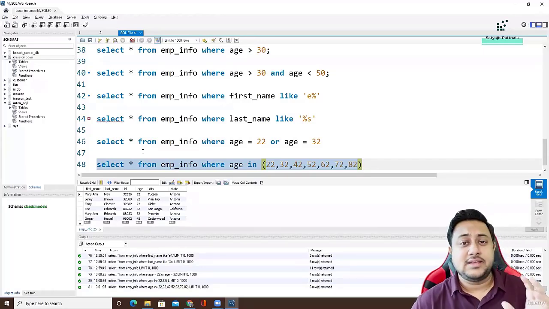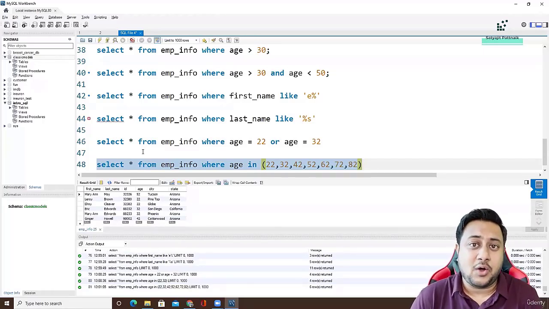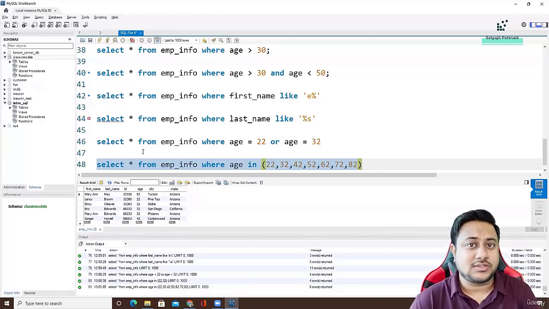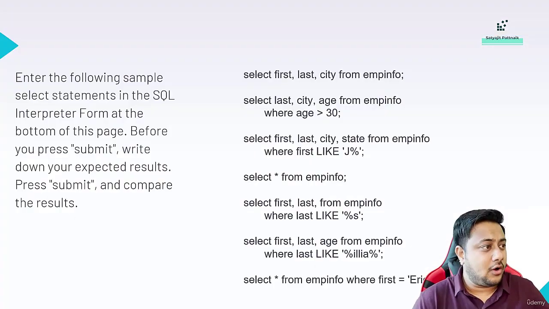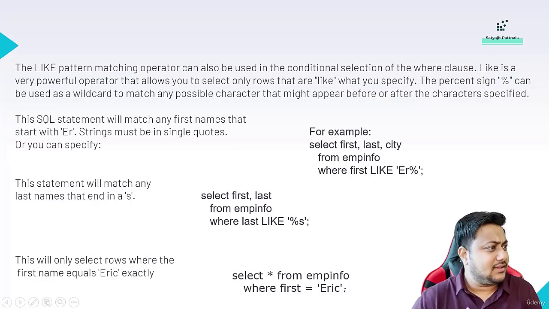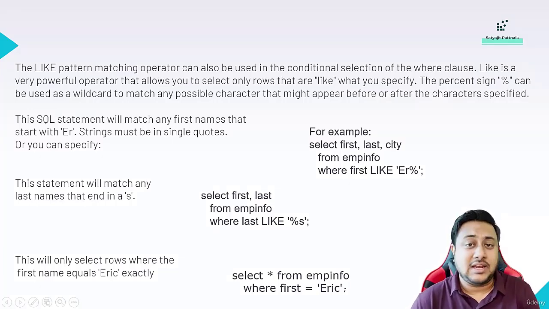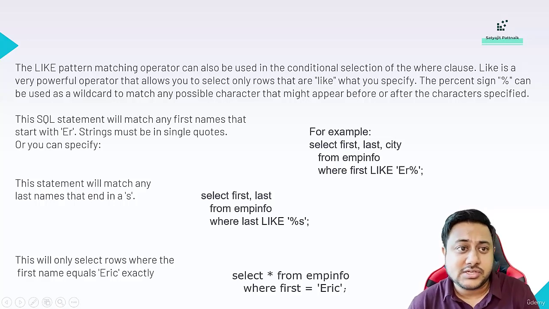This is how your select query works. This is how your DQL query works. Okay, moving on to the next topic, which is, again, some of the same concepts. The LIKE pattern matching operator can be used in the conditional selection of the WHERE clause.